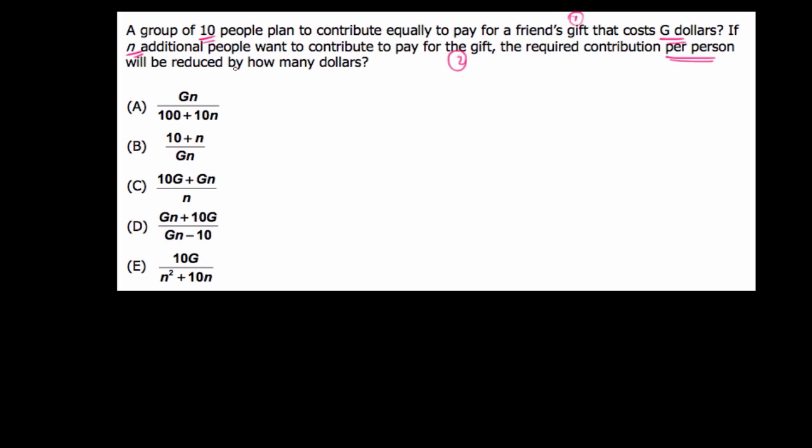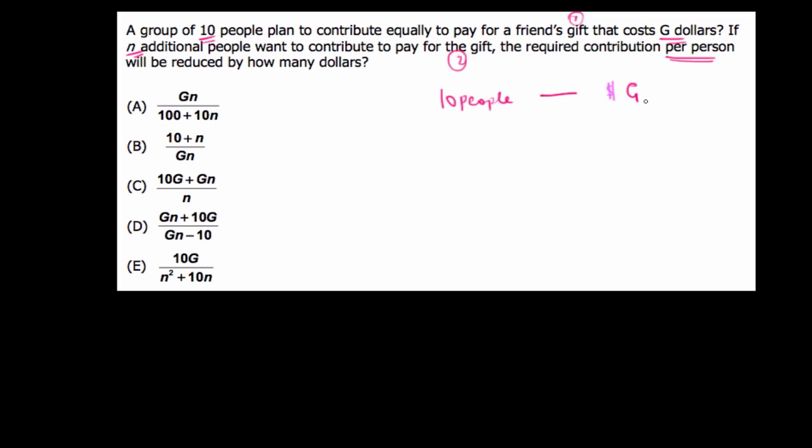It says a group of 10 people contribute equally to pay for a friend's gift that costs G dollars.